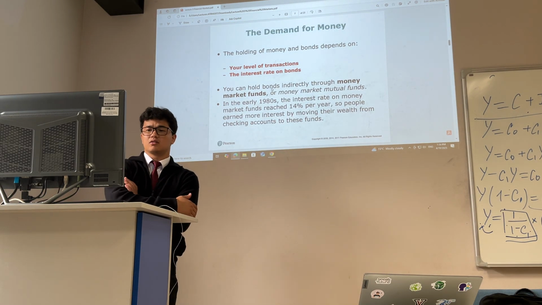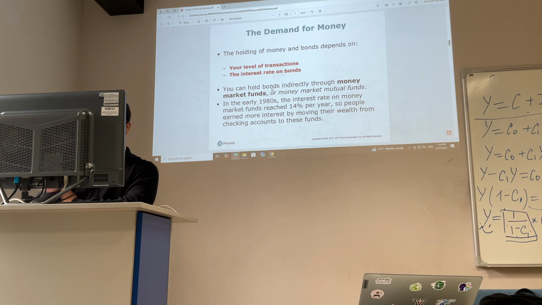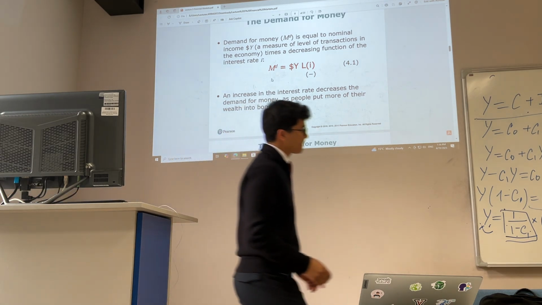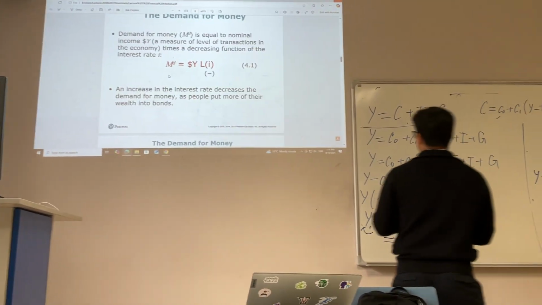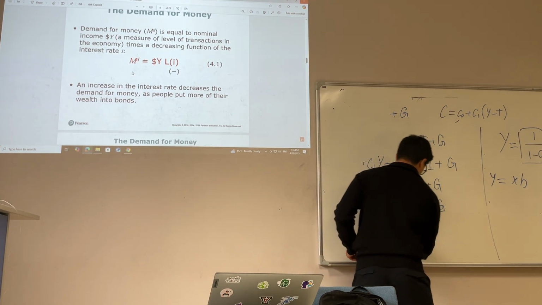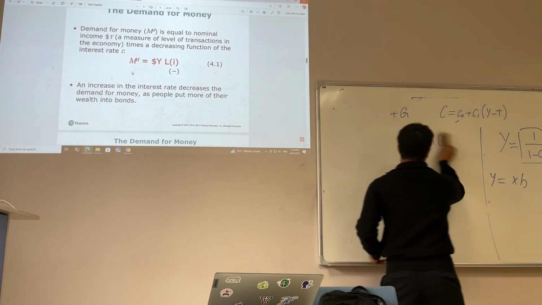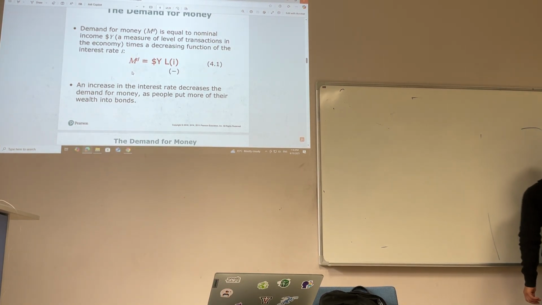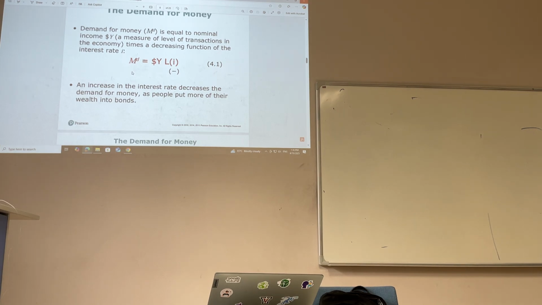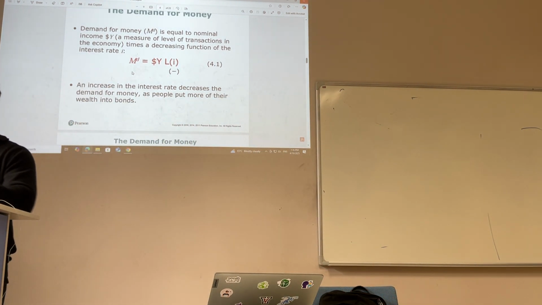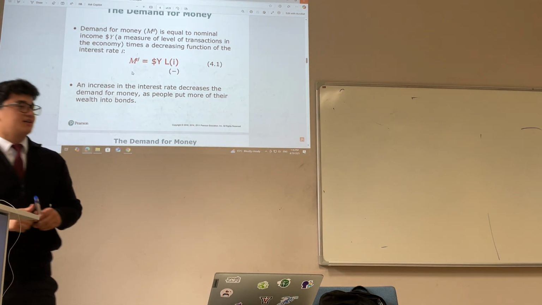And demand for money. So demand for money is labeled as MD.